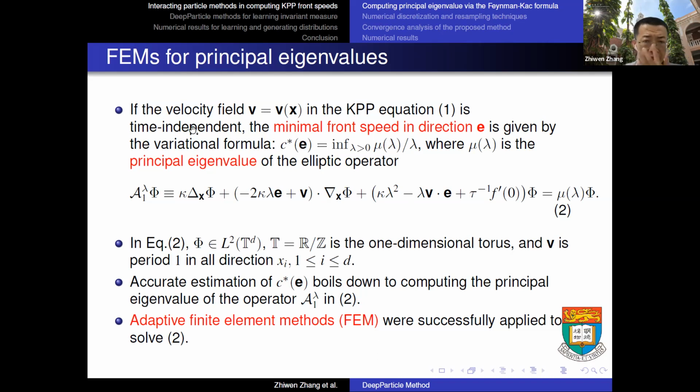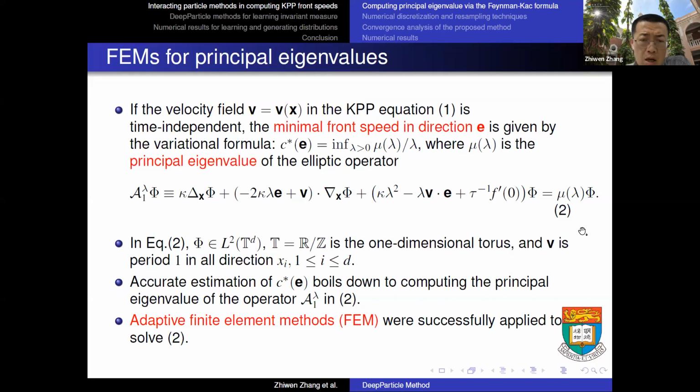So when the velocity field is time independent, or steady flow, the minimal front speed in direction e is given by this variational form, c star e equals this. Here mu lambda is the principal eigenvalue of this elliptic operator.